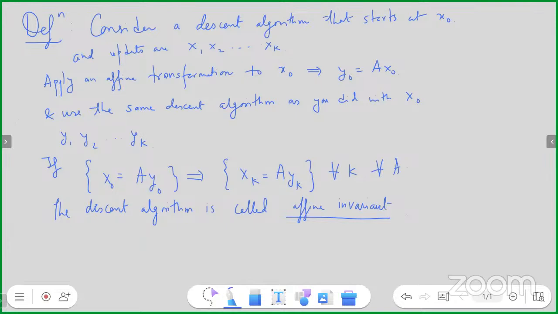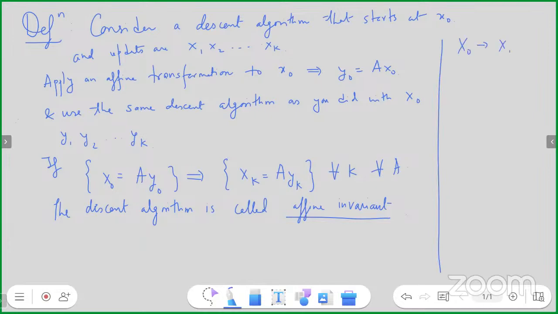So give me an example where it is and give me an example where it is not. Again, if the definition is not clear, I'm happy to elaborate. What are we trying to do? We're fixing the starting point. Okay. So starting point is fixed.